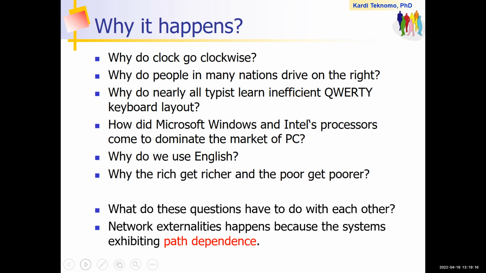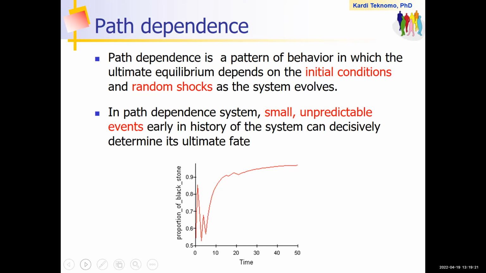So these four jargon terms are all the same thing. So path-dependent behavior is a pattern over time. This is actually in system dynamics. It is a pattern of behavior in which the ultimate equilibrium depends on the initial condition and random shock.